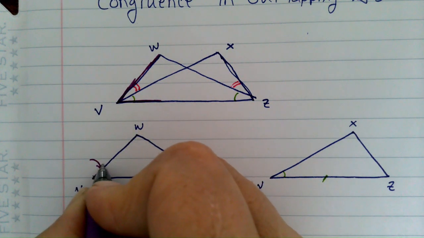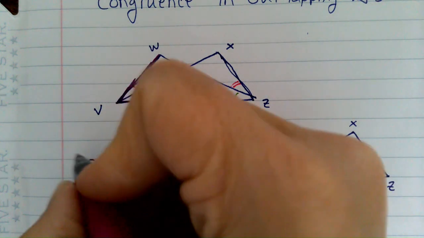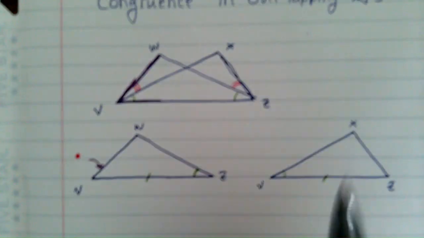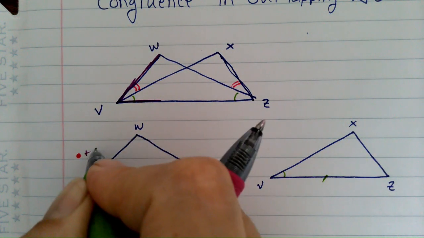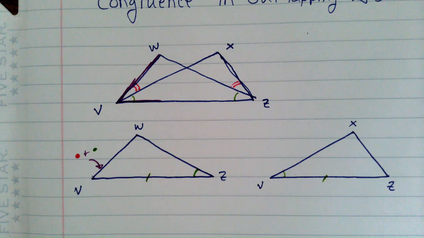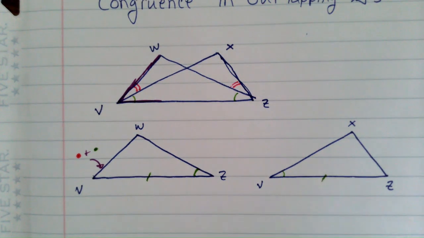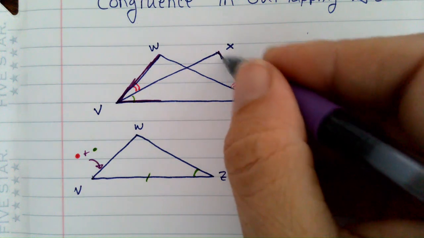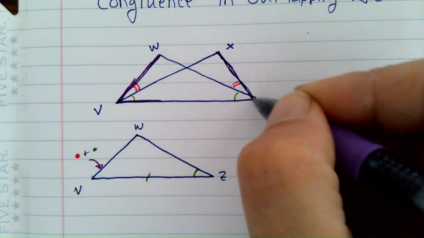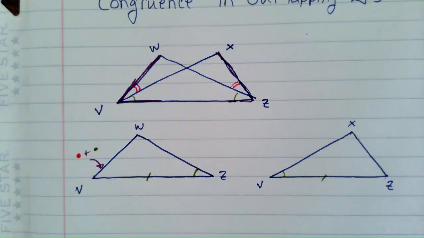So that one right there is pink plus green, right? And if we come over here, XZV is also pink plus green.